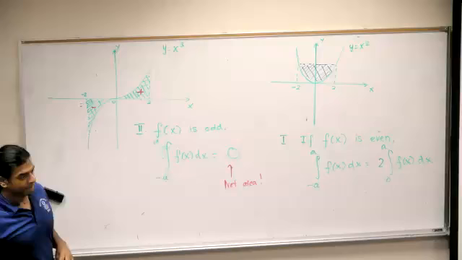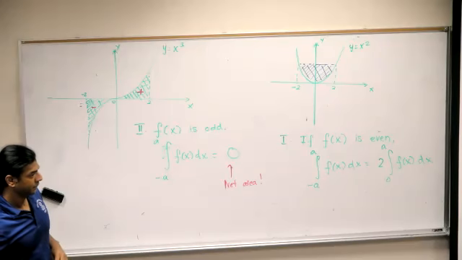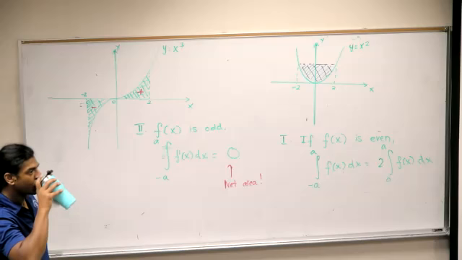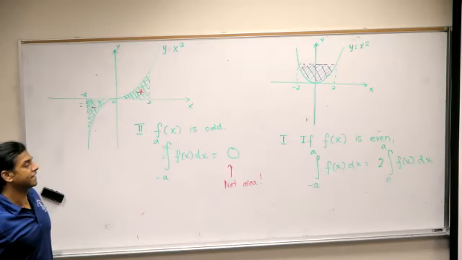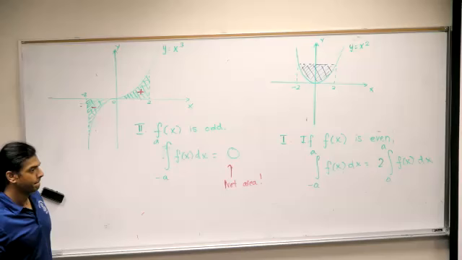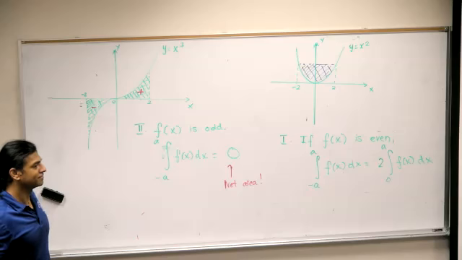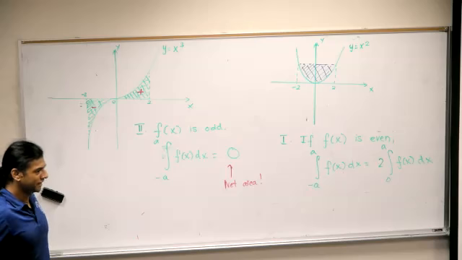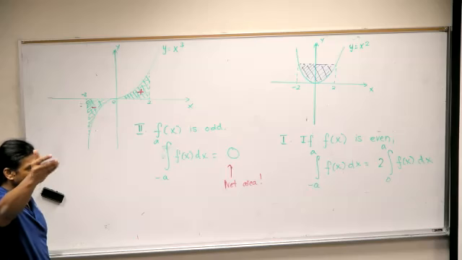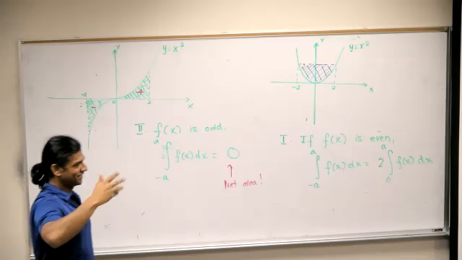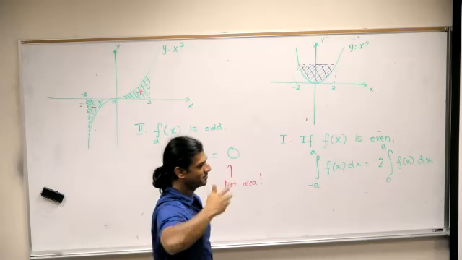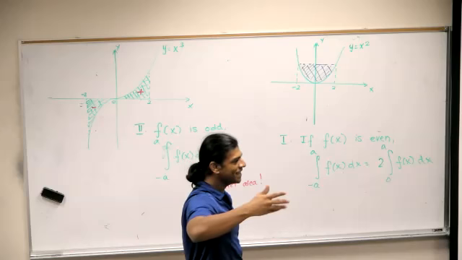And for functions that are not symmetrical, you would use the other thing we just learned a class ago, which we used to find the area between waving, non-symmetrical functions.